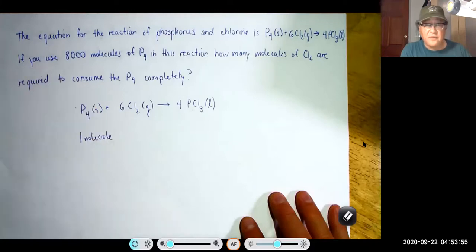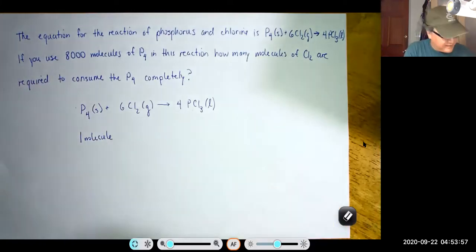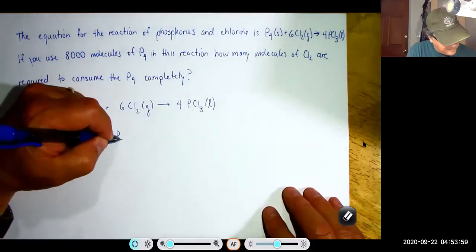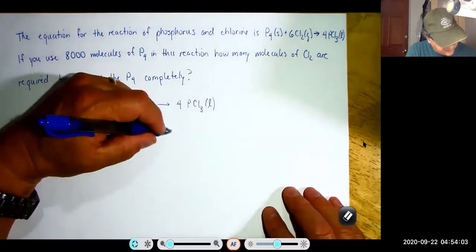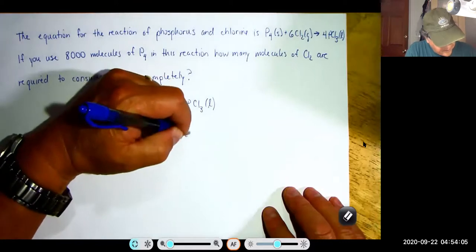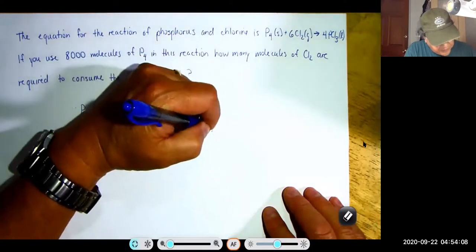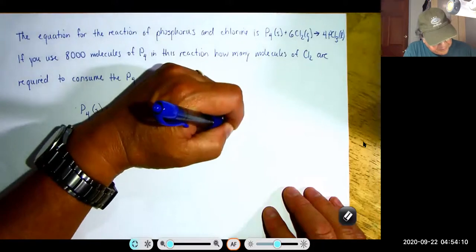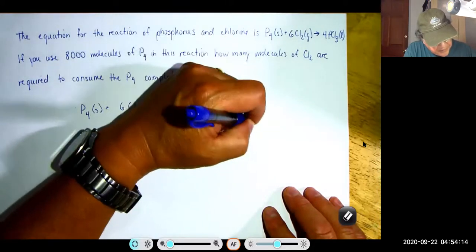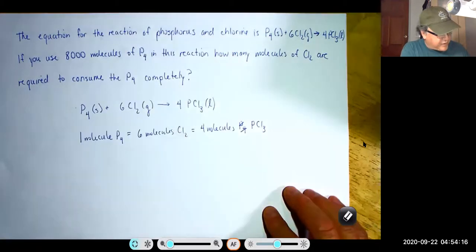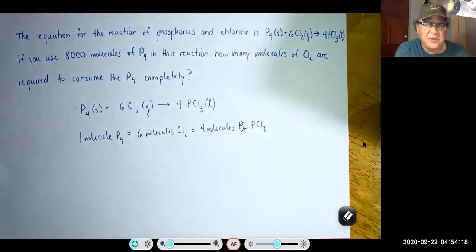Remember, the abbreviation for molecule is there is none. 6 molecules and 4 molecules PCl3. Now, the reason I can use molecules for all of these is because all of these are made out of only nonmetals.